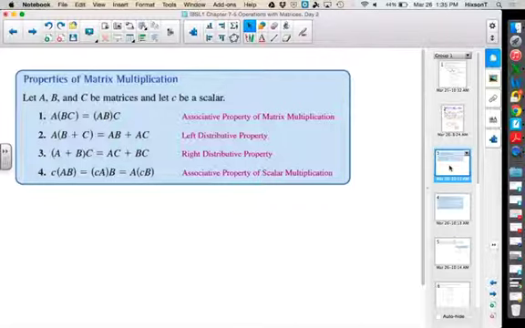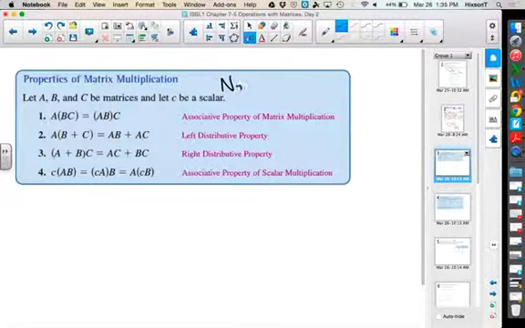We already identified that matrix multiplication is not commutative, which means, as we just saw, the order matters.